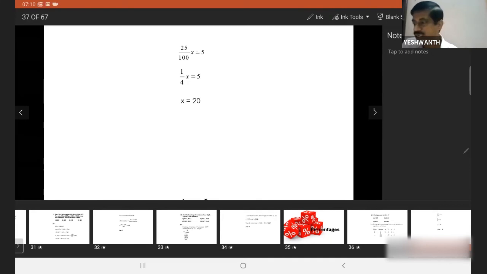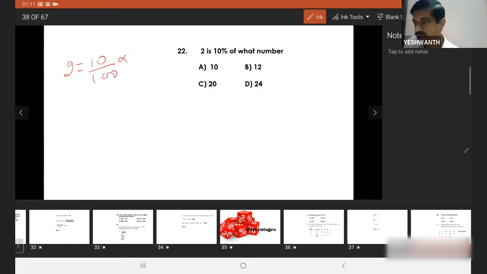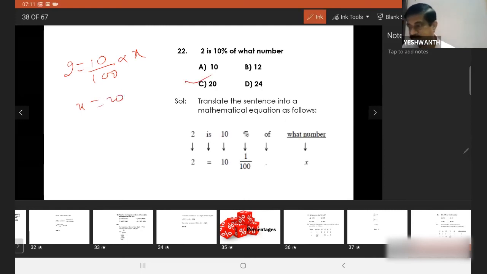Clear, children? So now let us go to the next question. 2 is means equal to 10 percentage of what number, means X. So X equal to what? 20. So look at the same in the tabular form. 2 equal to 10 percentage means 10 by 100.